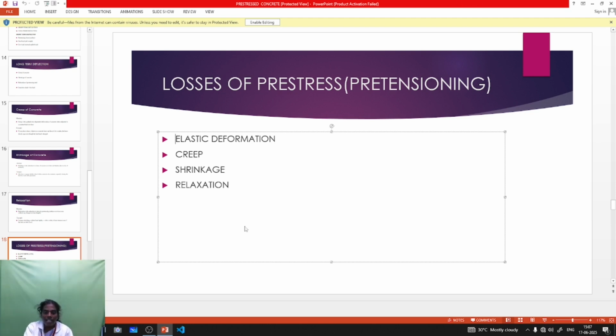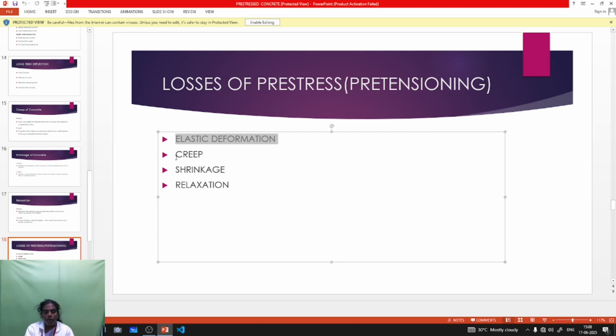So pre-tensioning has the elastic deformation loss, but post-tensioning has no loss due to elastic deformation, because the steel is stressed after the concrete is hardened. So only pre-tensioning has elastic deformation loss.